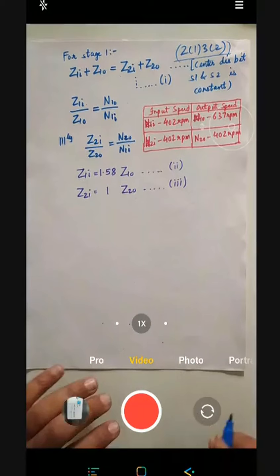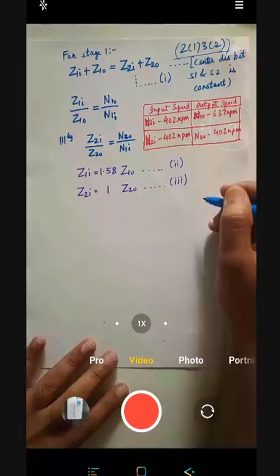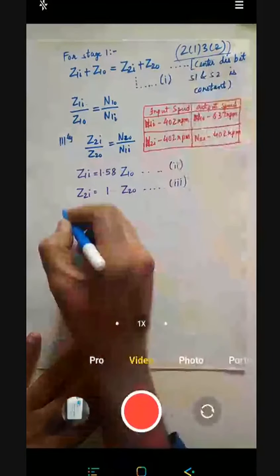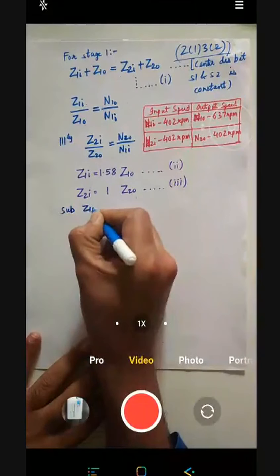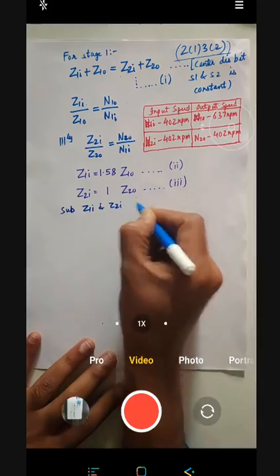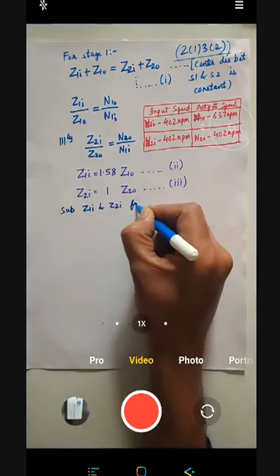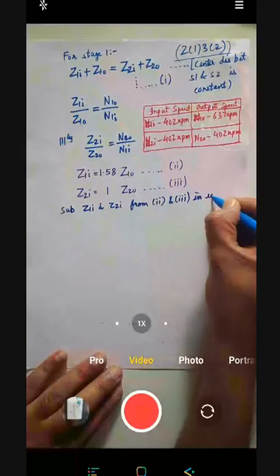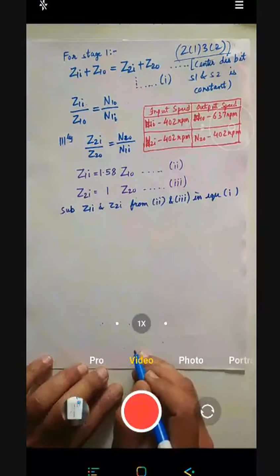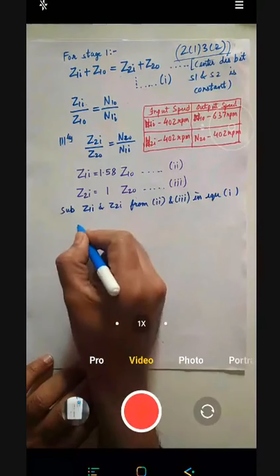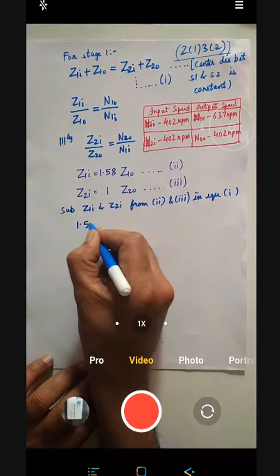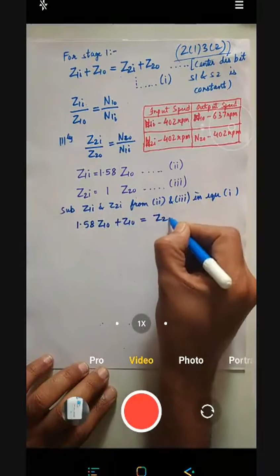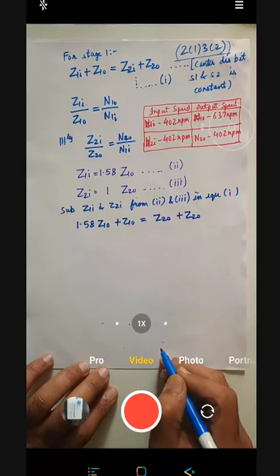Now we will substitute the values of these two inputs, that is equal to this, in equation number 1. Substituting Z1 input and Z2 input from equations 2 and 3 in equation 1. Okay. So Z1 is 1.58 Z1 output plus Z1 output is equal to 1 times Z2 output plus 1 times Z2 output.